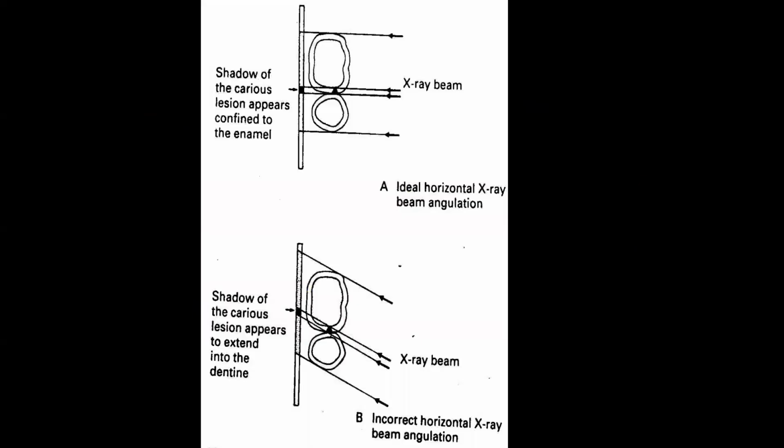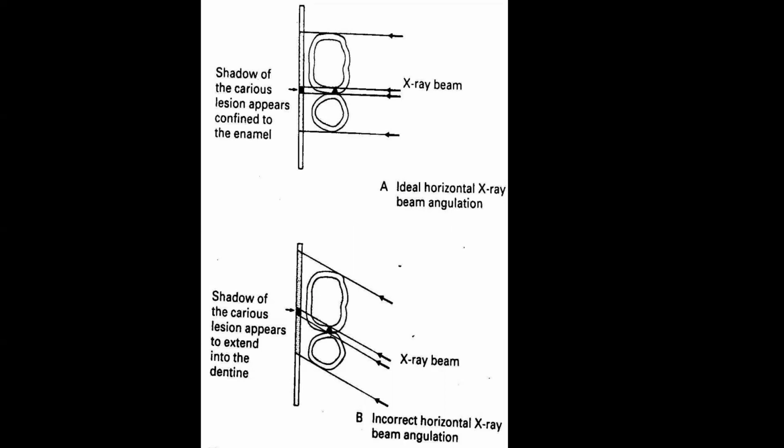Here in this image, we can see how errors in the horizontal angulation will obscure the diagnostic ability of a radiograph. In the first one, we have given ideal horizontal X-ray beam angulation, and we can see the carious lesion is confined to the enamel on the proximal surface. When we check the radiograph, we'll see the shadow of the carious lesion confined to the enamel.